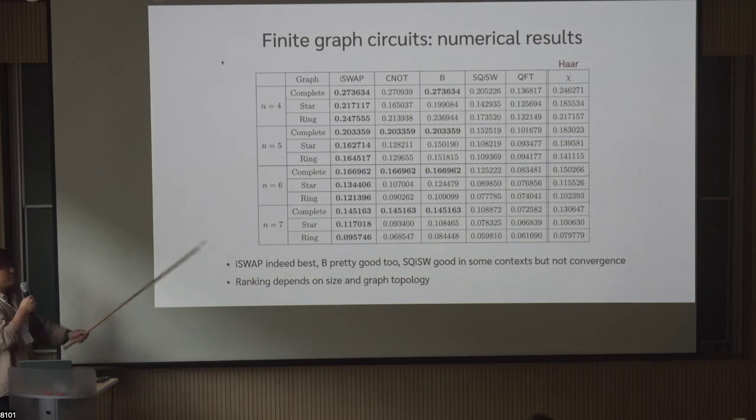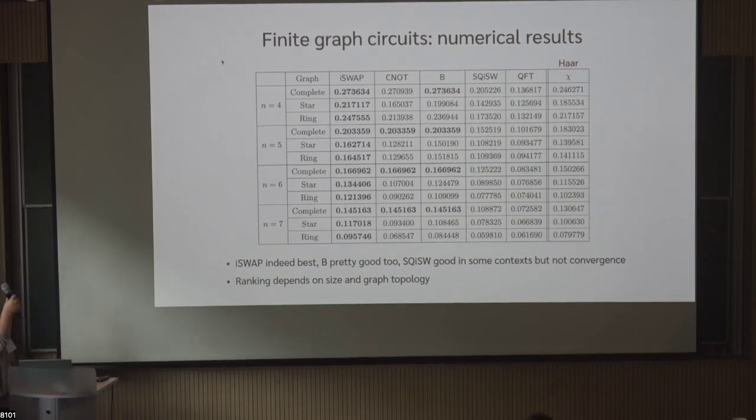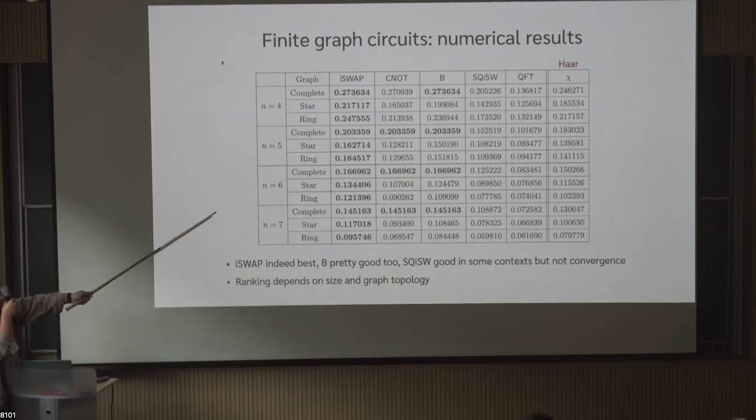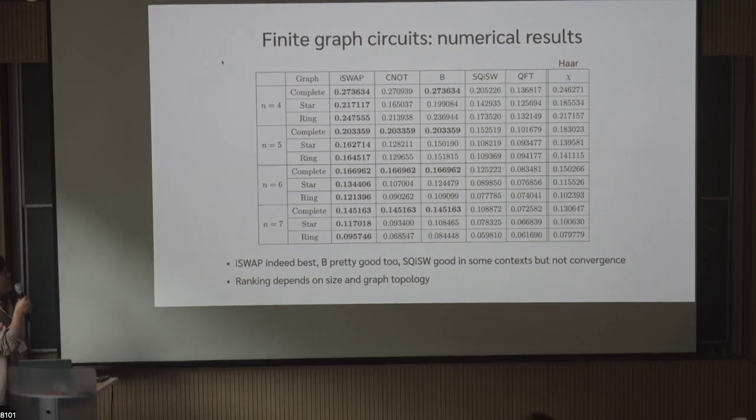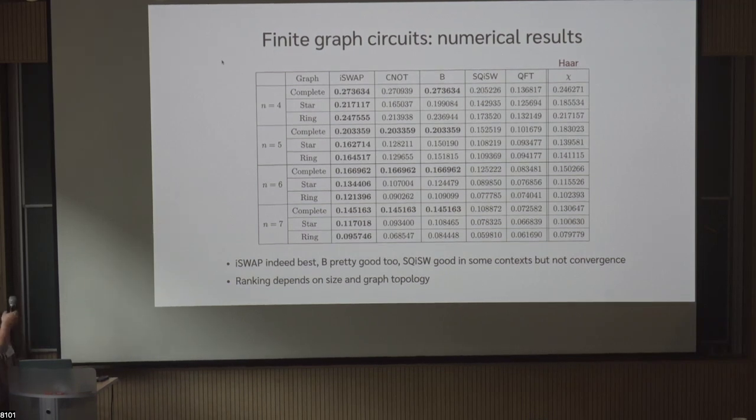Yeah, so this is the table I showed just now. As I said, the bolded numbers are the largest gap values, which indicate the fastest convergence for a few different sizes of the system and different graph topologies, and these are the different gates.